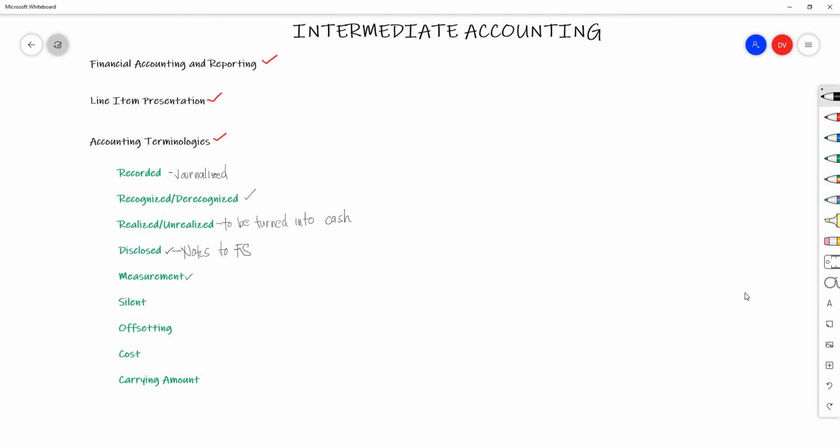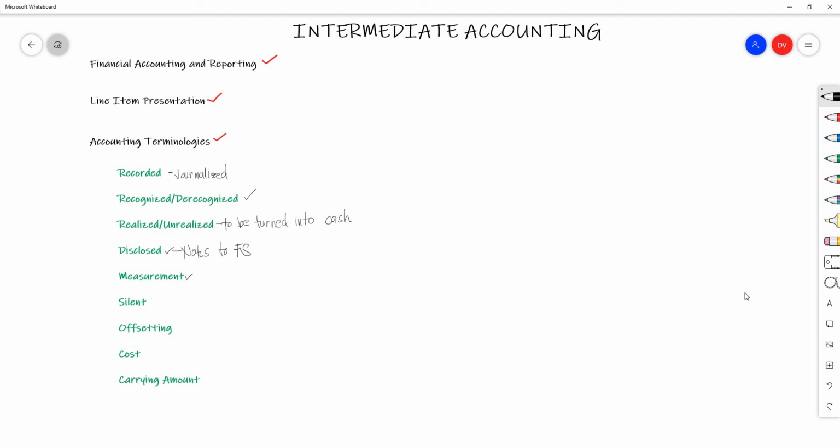So the cash should be included in the financial statement. Now, the next question here is, at what amount? If the question is what amount, then you go to what we call measurement. So, when we say we measure, we put a specific amount in the specific elements of the financial statement.